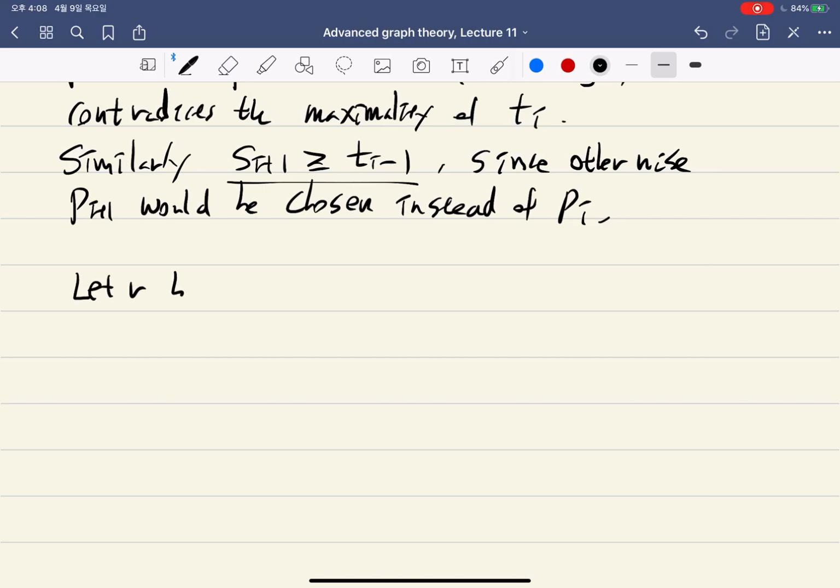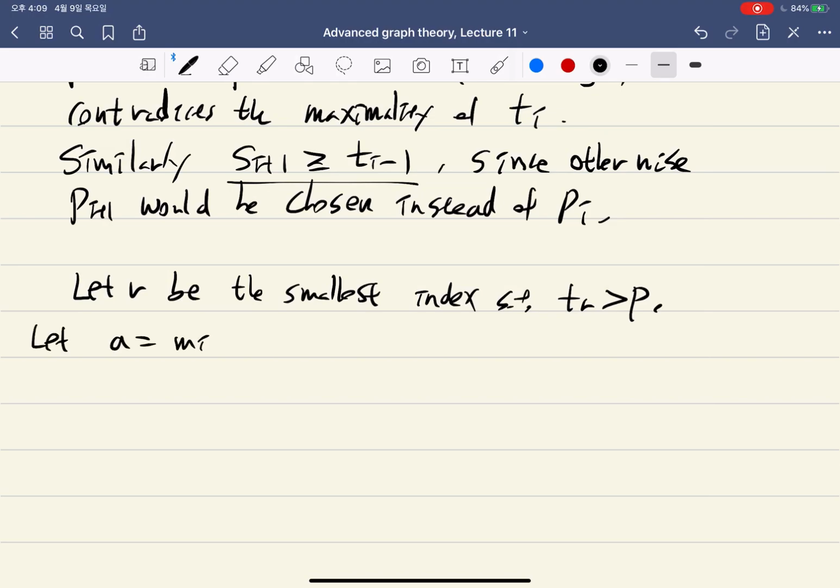So let R be the smallest index such that T sub R is bigger than P. And let A be the minimum J such that Pj is a neighbor of Vi and J is bigger than S1.